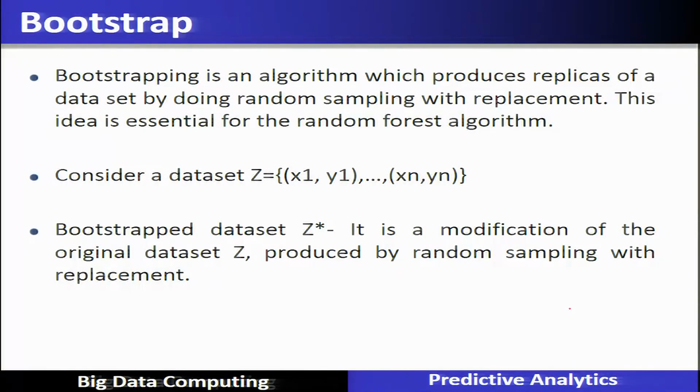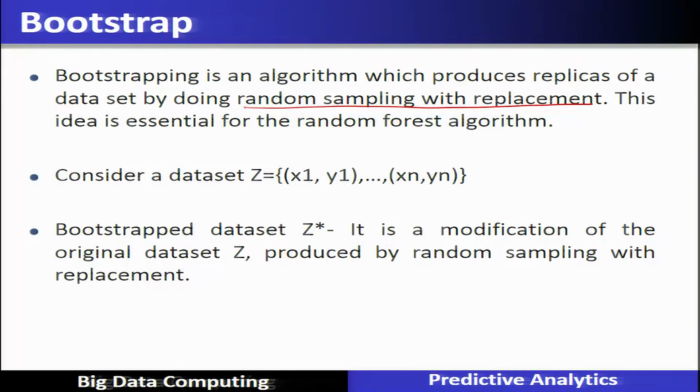Bootstrapping is an algorithm which produces replicas of the data set by doing random sampling with replacement. That means, if a data set is given, we can produce another data set using bootstrap techniques by applying random sampling with replacement. This idea is essential for building the random forest algorithm.